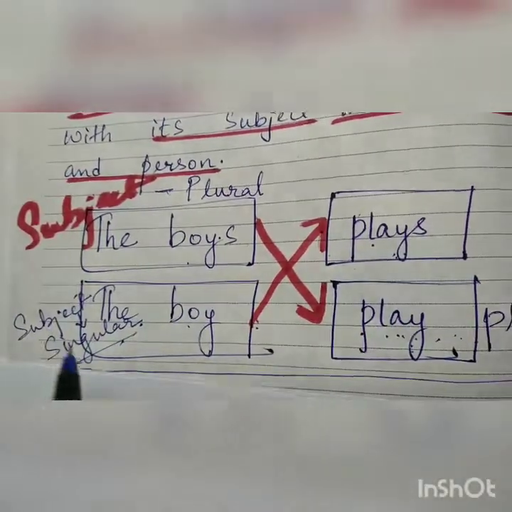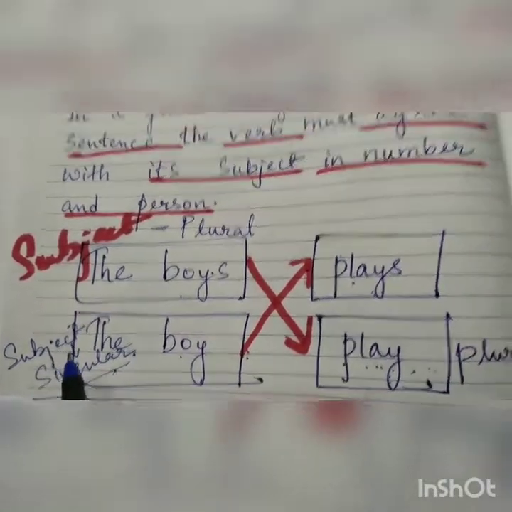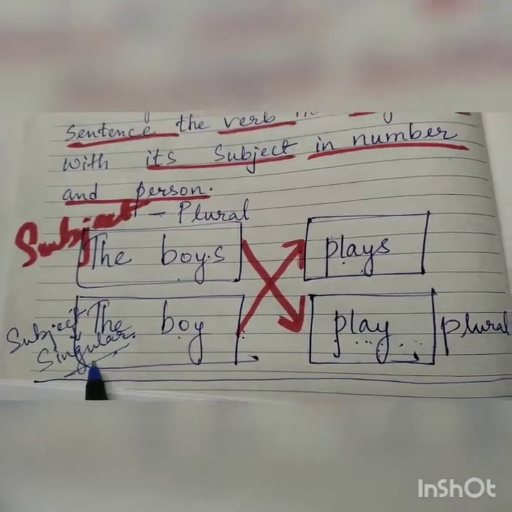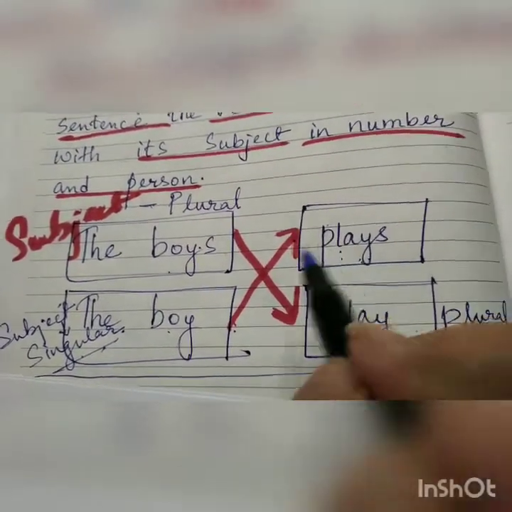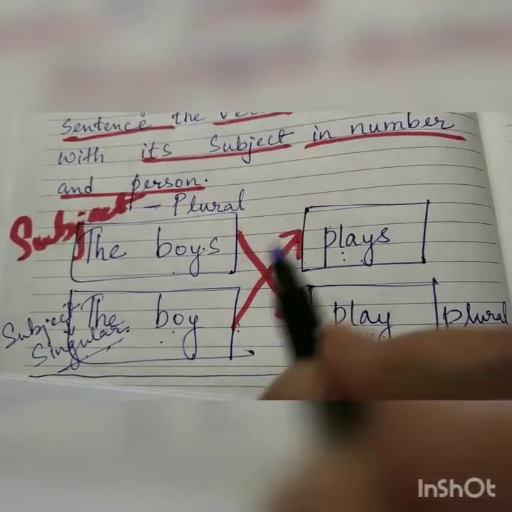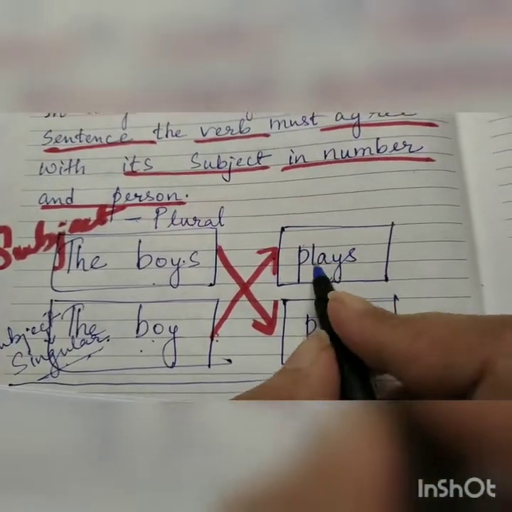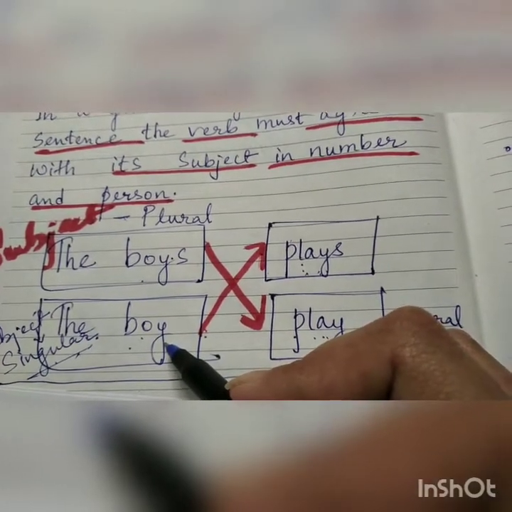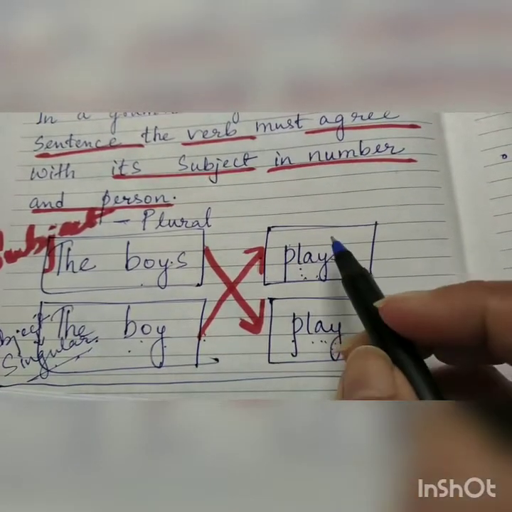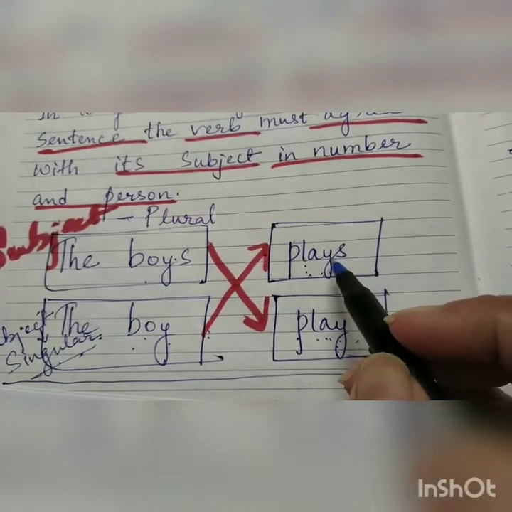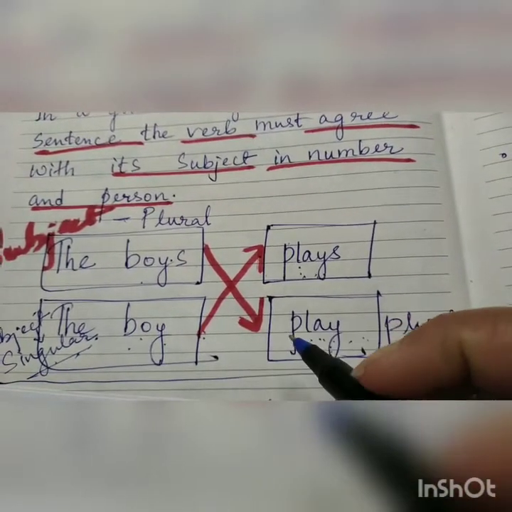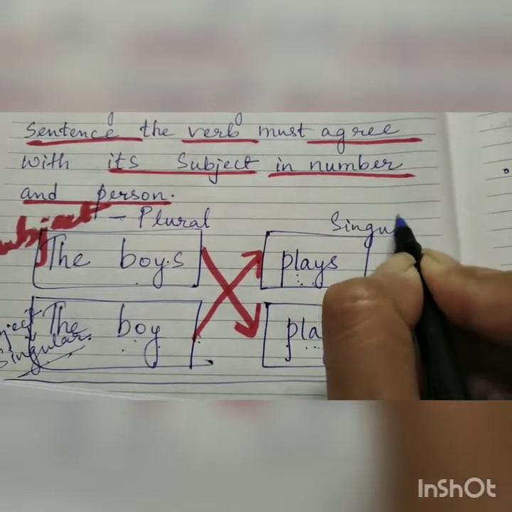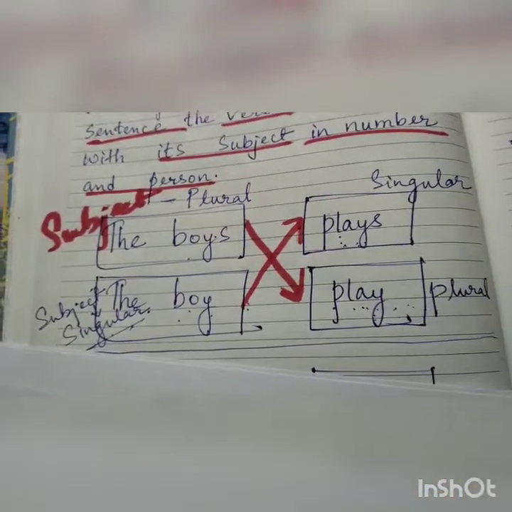But, again, in subject-verb agreement, when the subject is in singular form, the verb has to agree with the subject and it perfectly fits the singular, so this is also singular. Okay?